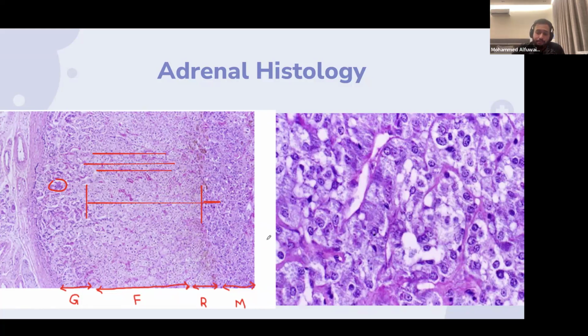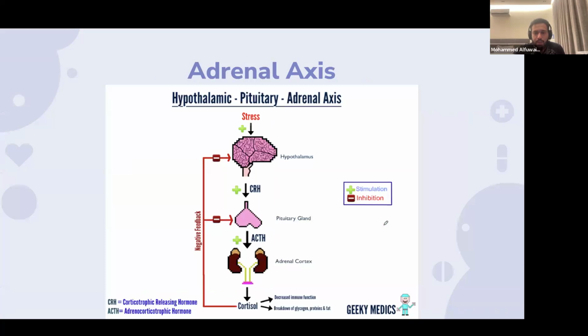And then the medulla is the darkest because it has a lot of brown areas because of increased vascularity, okay? The main cells in the medulla are called chromaffin cells. The important thing is how they stain, and I'll talk about this later in a tumor.